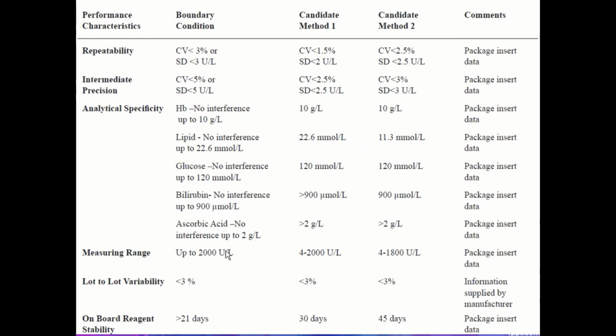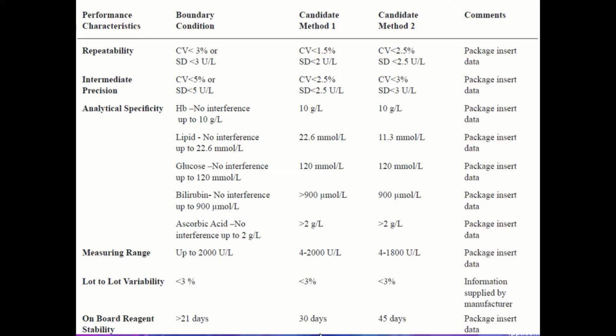For measuring range, method 1 is much wider compared to method 2. Lot to lot variation, both are the same, less than 3%. And on-board stability, method 2 is much more stable than method 1.